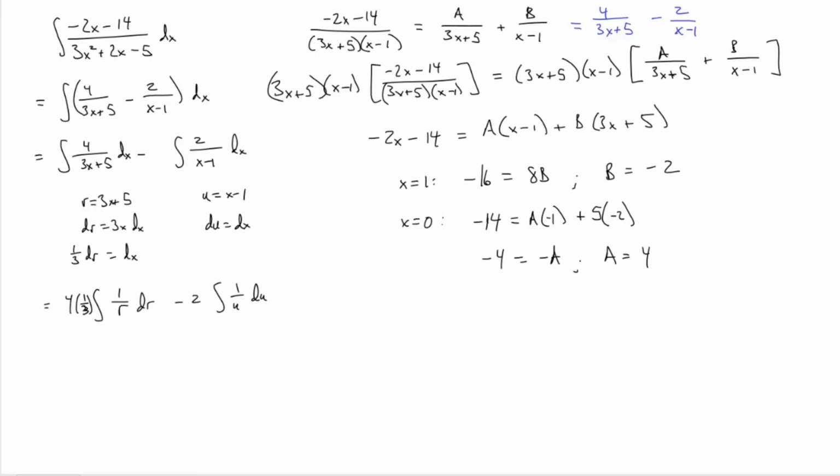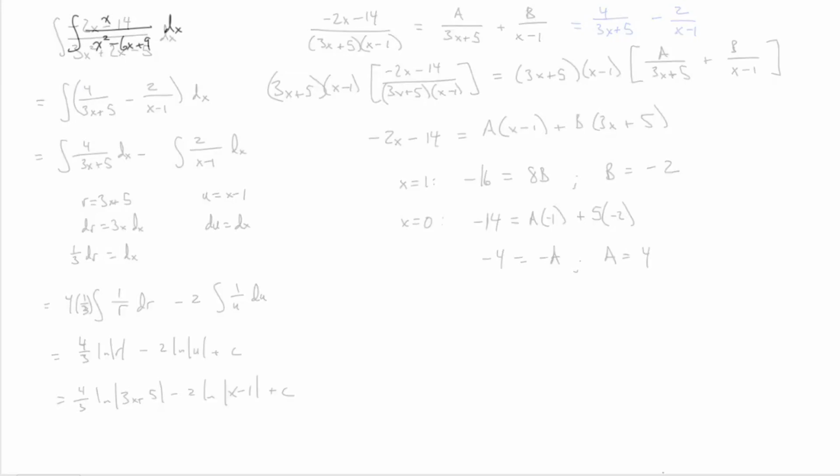And we get this expression here, where in particular on the left, the dx became a 1/3 dr. And the integral of 1 over r is the natural log of the absolute value of r, just like the integral of 1 over u is the natural log of the absolute value of u, giving us our final answer of 4/3 the natural log of the absolute value of 3x plus 5 minus twice the natural log of the absolute value of x minus 1 plus a constant.